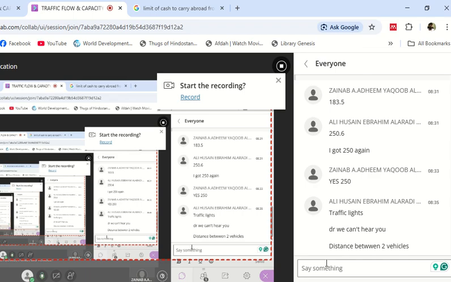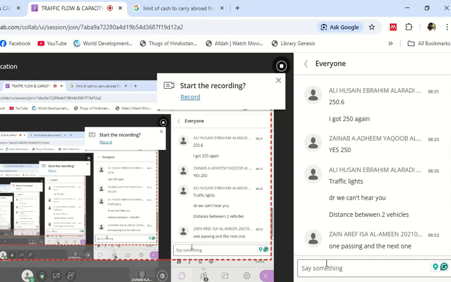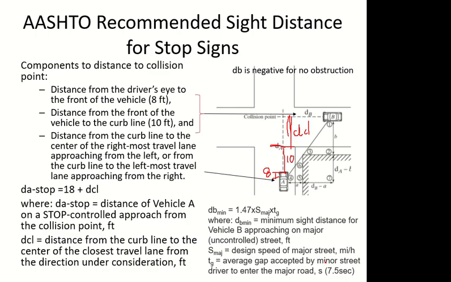You are right in this aspect. Yes, distance between two vehicles. Which two vehicles? Yeah, the passing one and the next one from the crossing road. The distance, or the time, between two vehicles which are crossing me. So when the first vehicle crosses from this side, I will make my move.